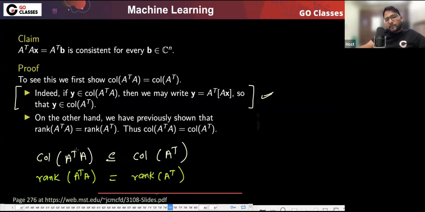What does this mean? A is m cross n, so A transpose is n cross m, and A transpose A will be n cross n, right?